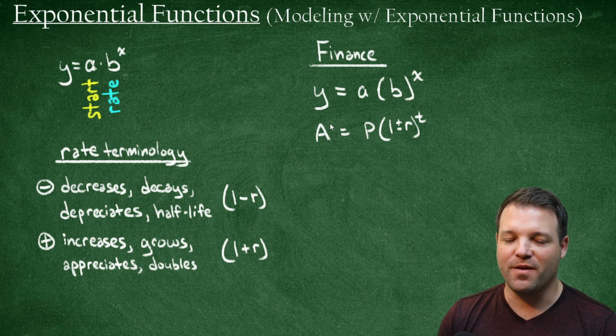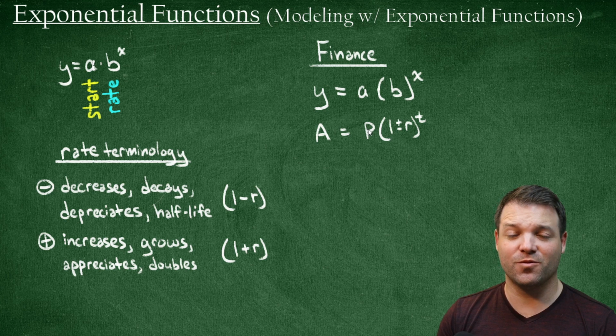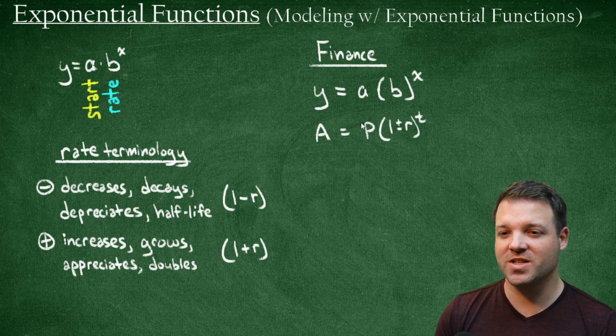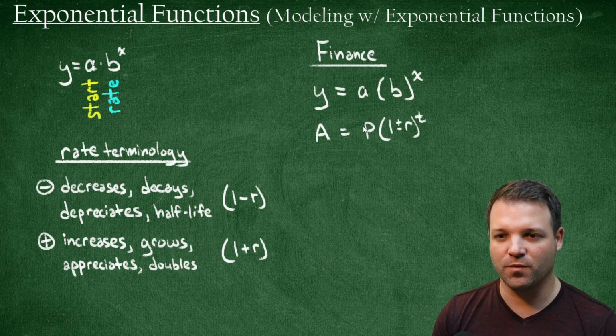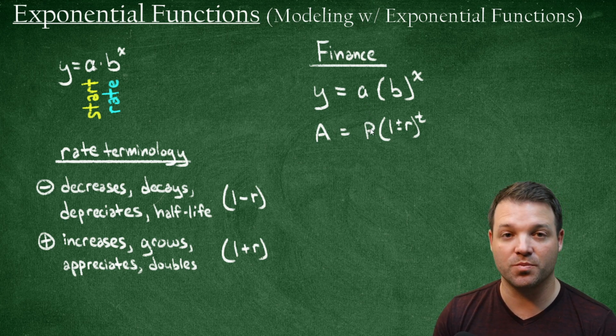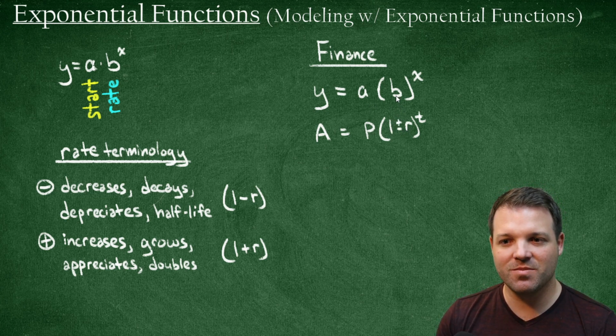A stands for that final amount, which is really just our y value. P stands for the principal amount, which is a financial word for your initial amount, the amount you're investing or whatever. That's called your principal, but that is literally just the a. 1 plus or minus r is the same thing as b, your base. That's just your rate.